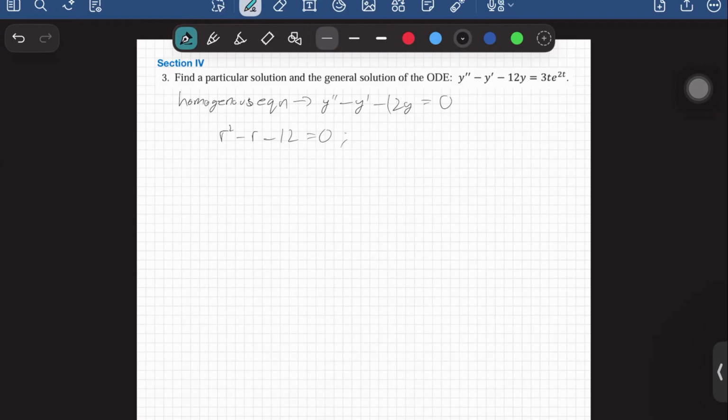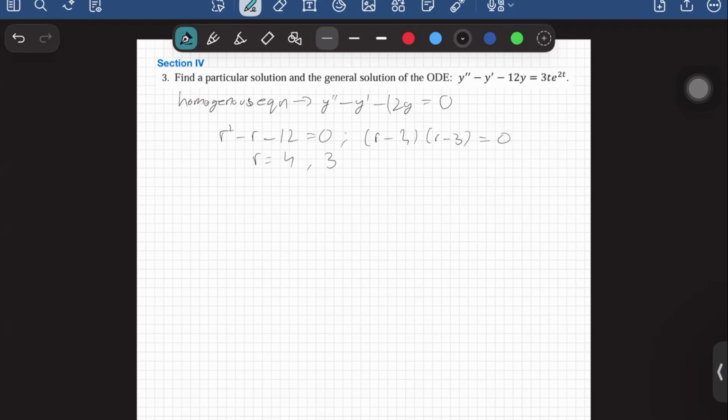If we want to find the roots of this, we go through the whole process again, but in this case, I'm just going to tell you what the roots are. When we simplify this equation, we get (r minus 4)(r plus 3) equals 0. So r equals 4 and negative 3, right?